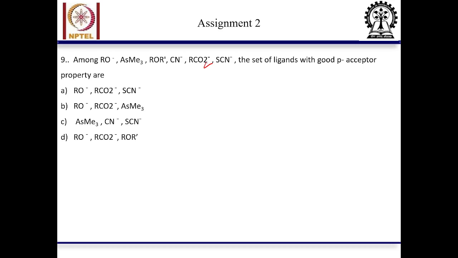Can anyone just write in chat box what will be the answer here?